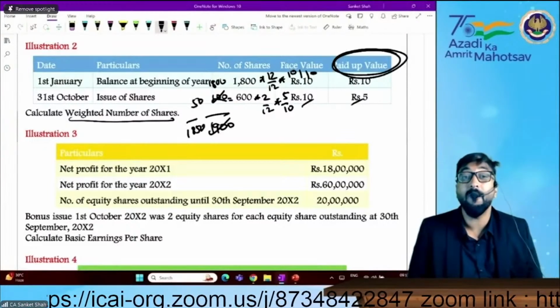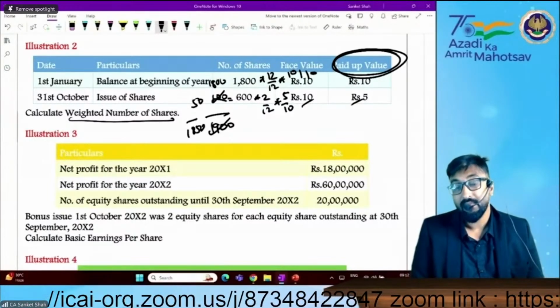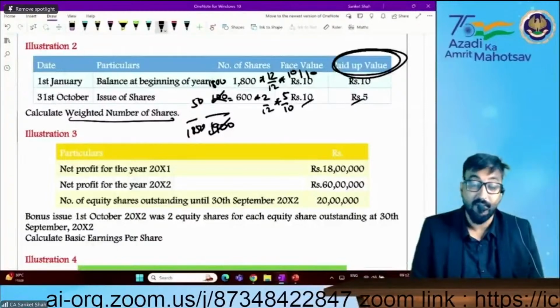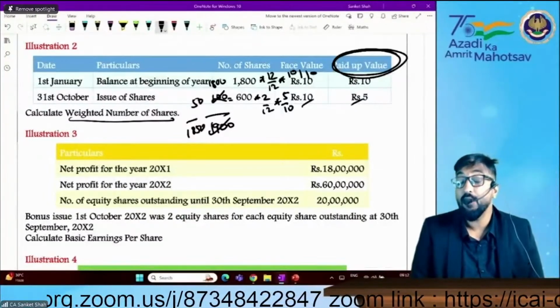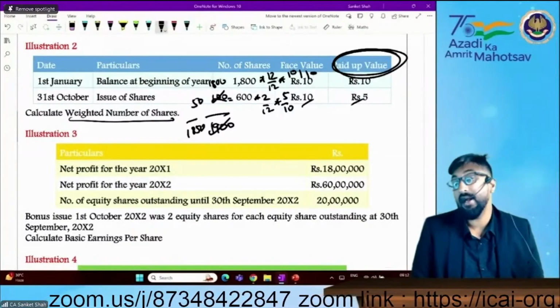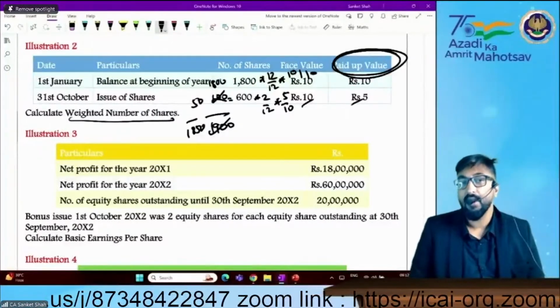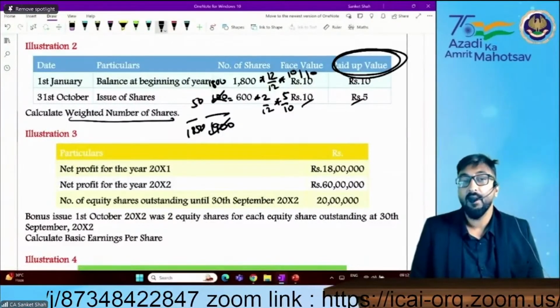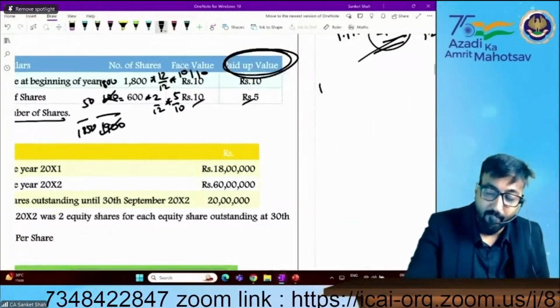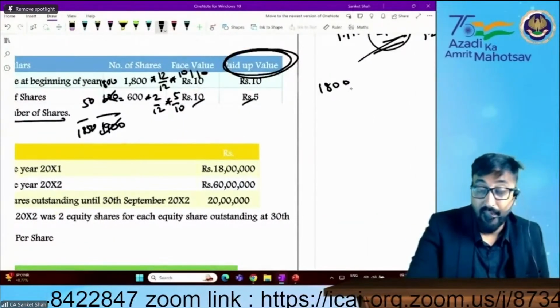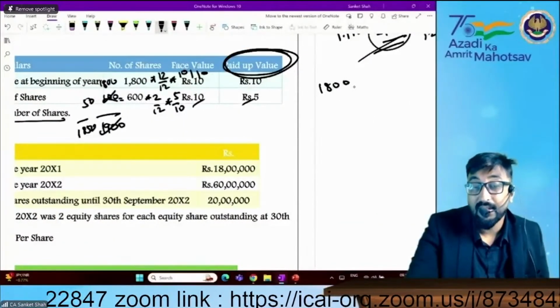If paid up value is different, it changes your answer, and you follow the individual approach here. Which approach are you going to follow? Individual approach. If you go by the cumulative approach, your answer will be slightly different.